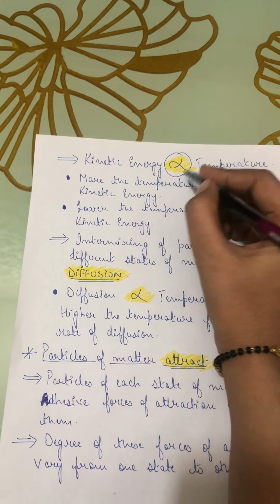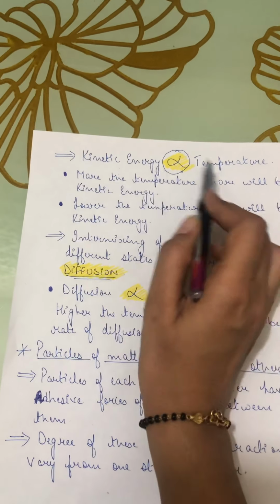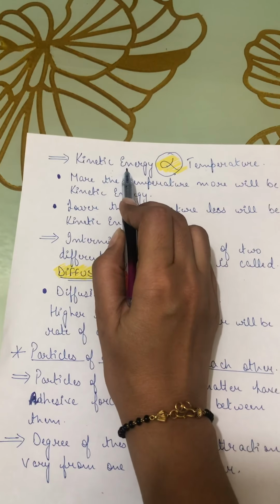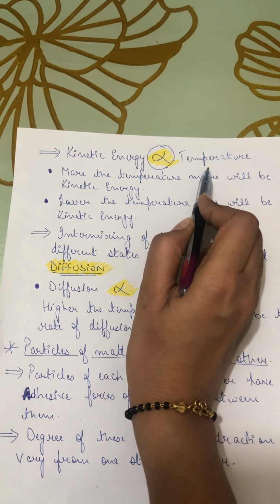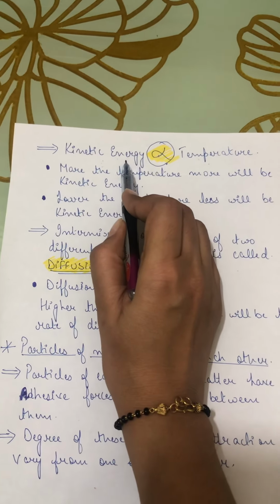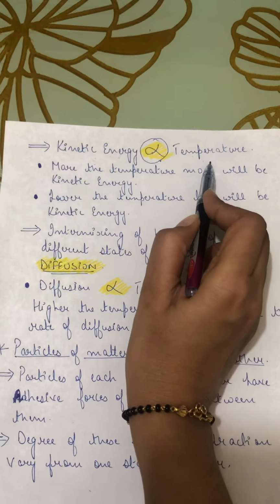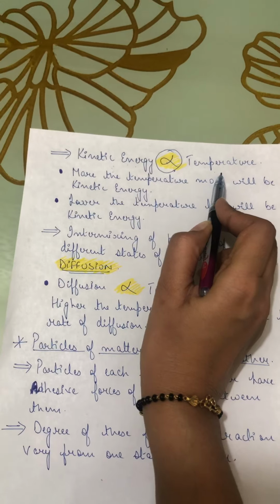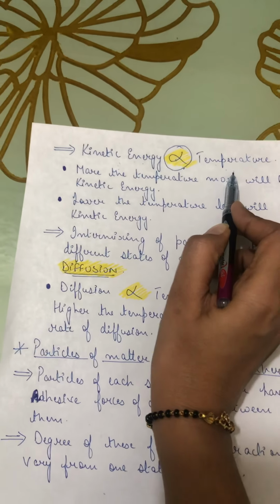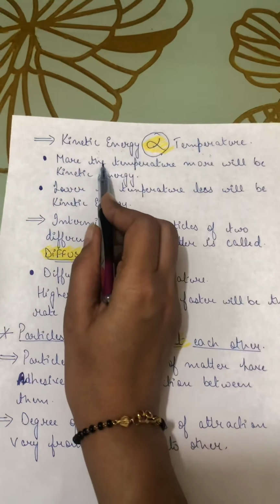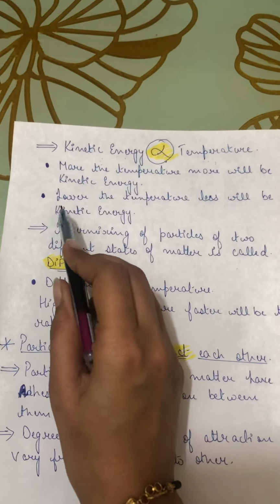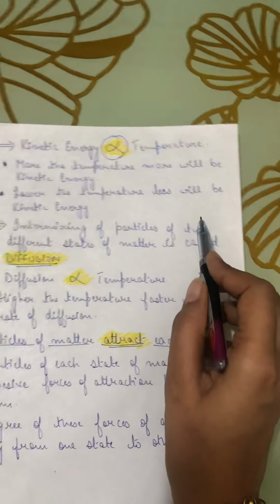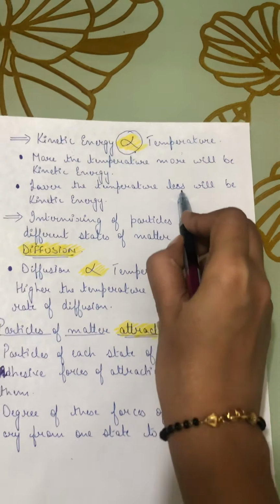Directly proportional means that of the two terms I am using here, if one term increases, the other term will also increase. If one term decreases, the other term will also decrease. In simple words, if the temperature is more, the kinetic energy will also be more. If the temperature is less, the kinetic energy will also be less.